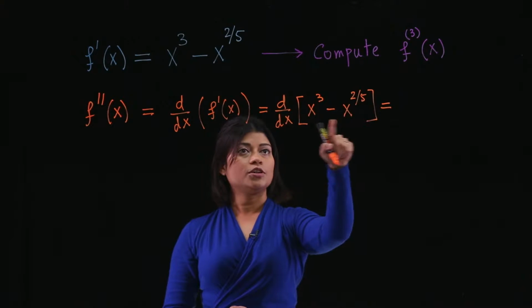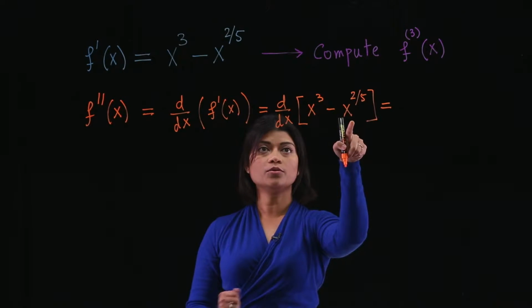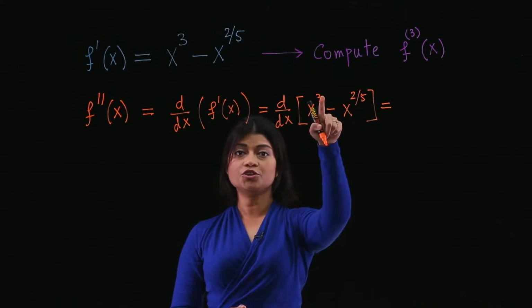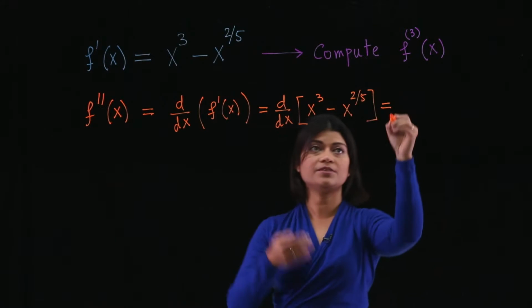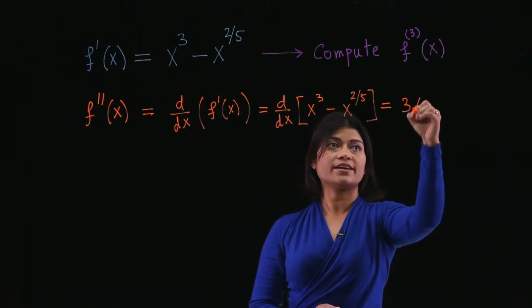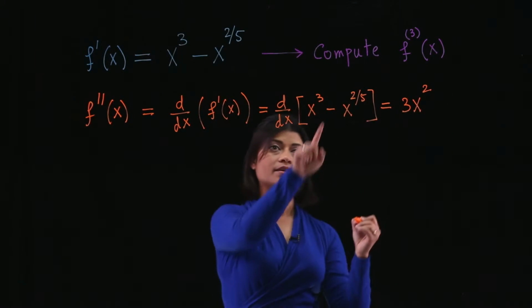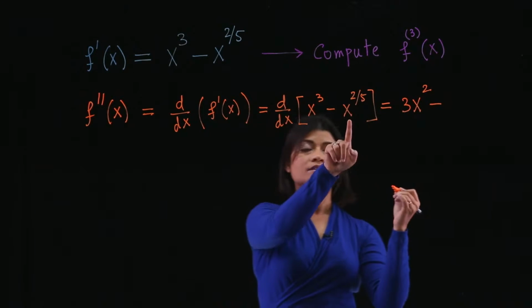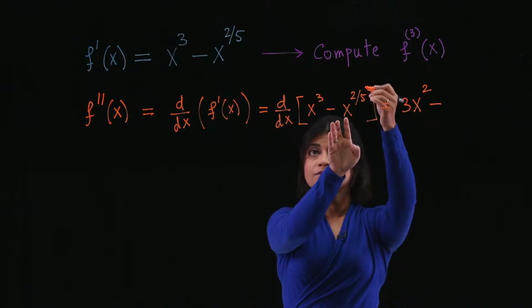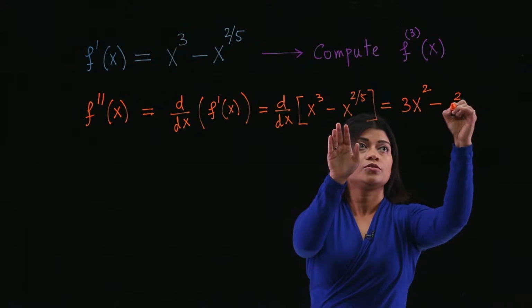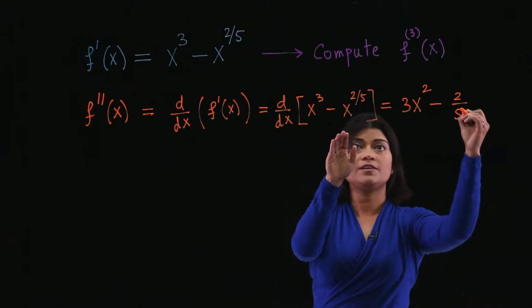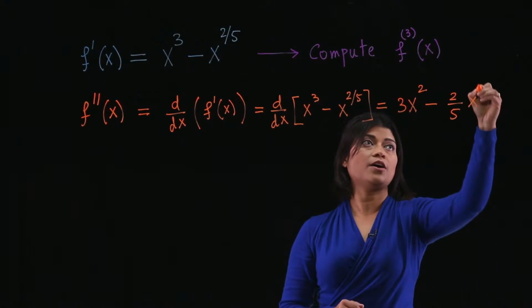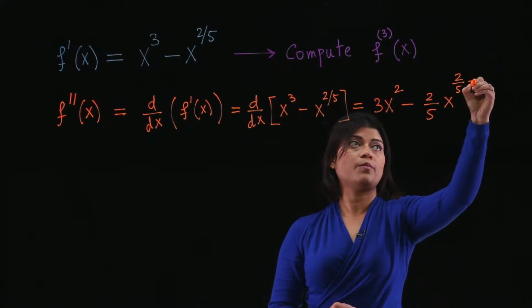Notice that for both terms we can use the power rule. The first one is x cubed. Using the power rule, the derivative is 3x squared. Minus, the second one is x to the 2/5, so its derivative, again using the power rule, is 2/5 times x to the power 2/5 minus 1.